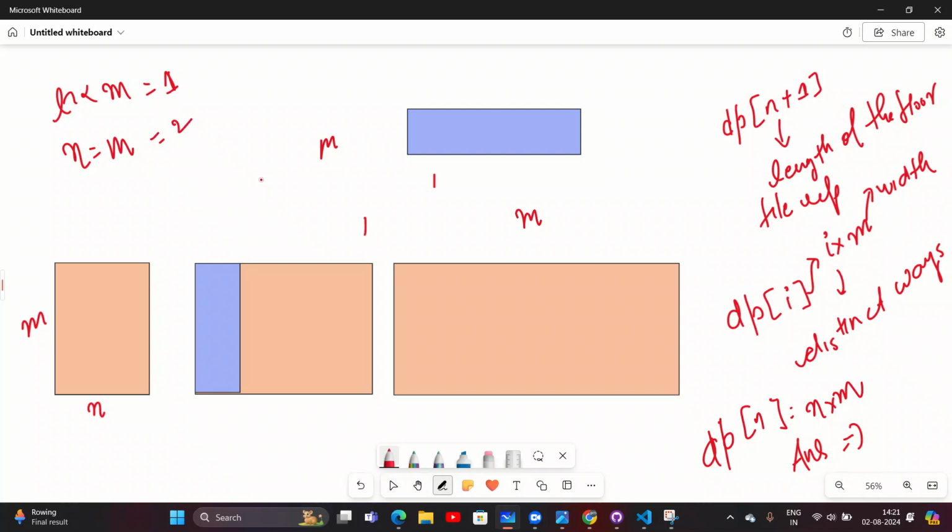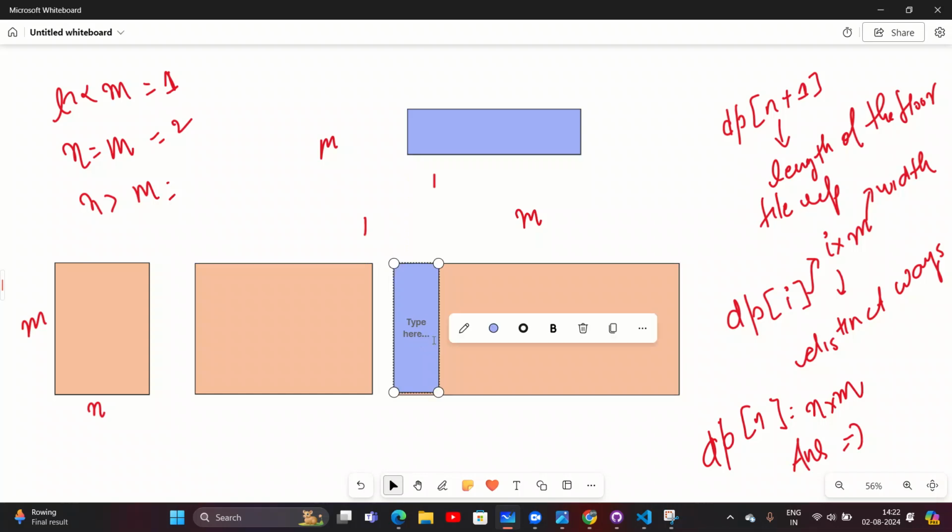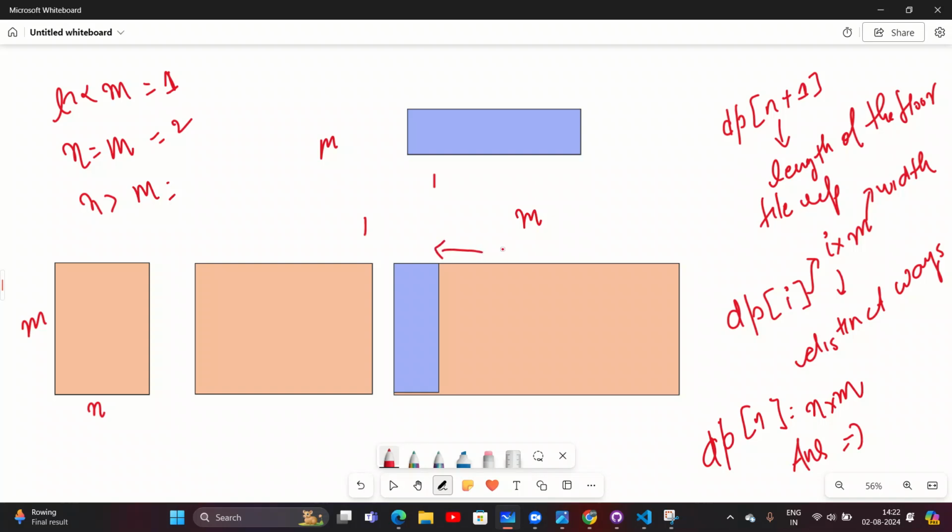Now what will happen if n is greater than m? Okay, so we will see. If we place the first tile in a vertical fashion, then what is the remaining length? It is going to be n minus 1. Suppose this was n and this dimension is 1, so it will become n minus 1.